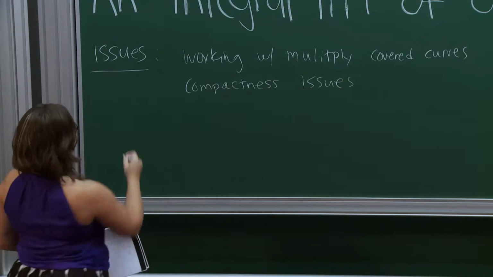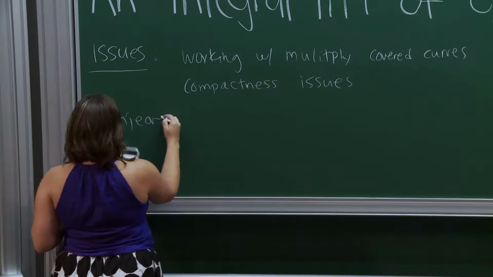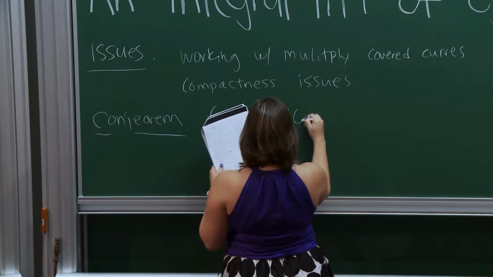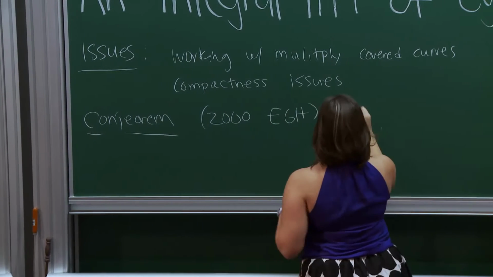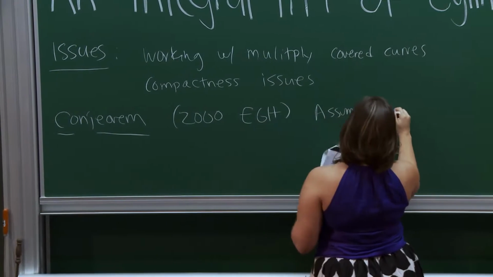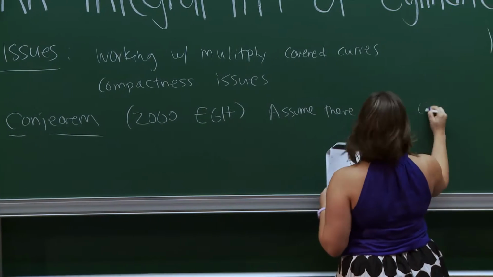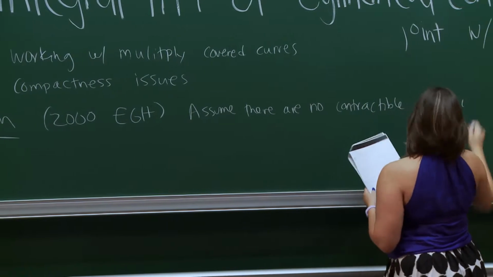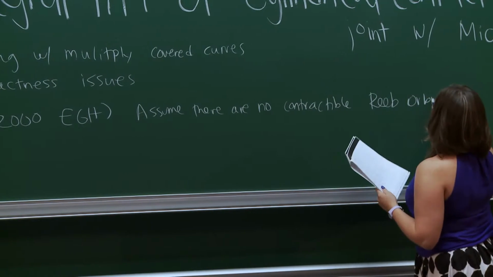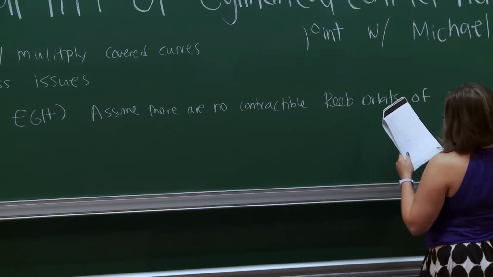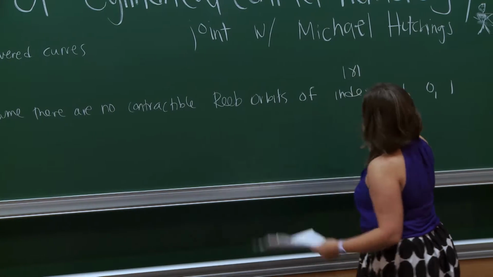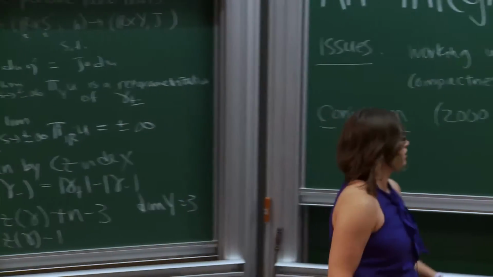All right, so everyone's favorite congerum from 2000, which was in a paper by Eliashberg, Givental, and Hofer, says: assume there are no contractible Reeb orbits of index -1, 0, or 1. So this is this grading, that's the Conley-Zander index plus n minus 3.